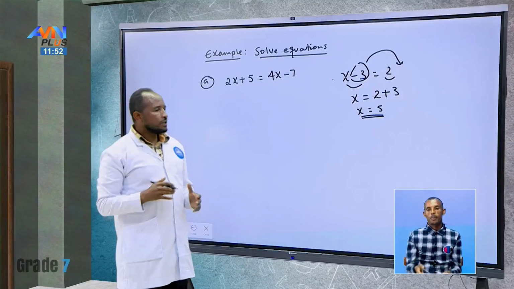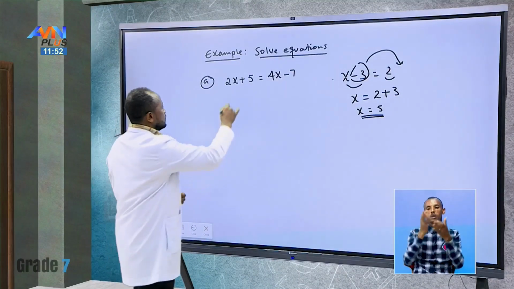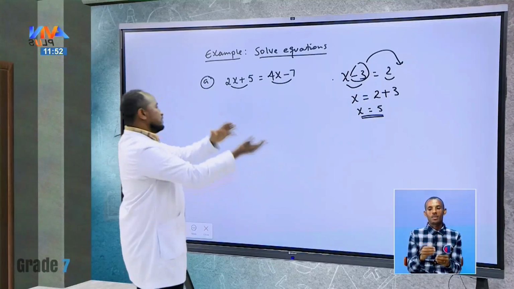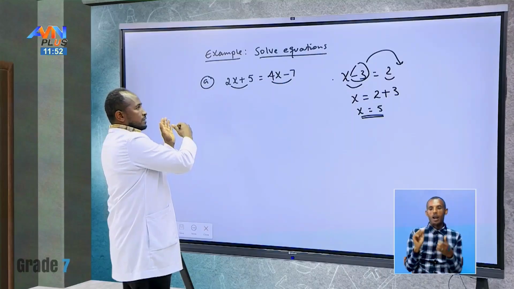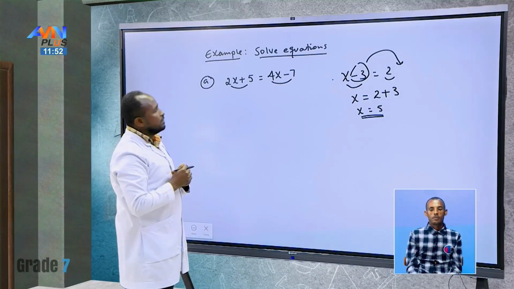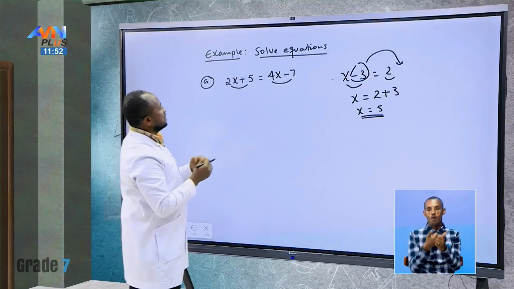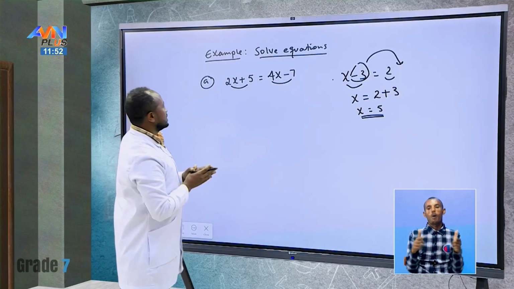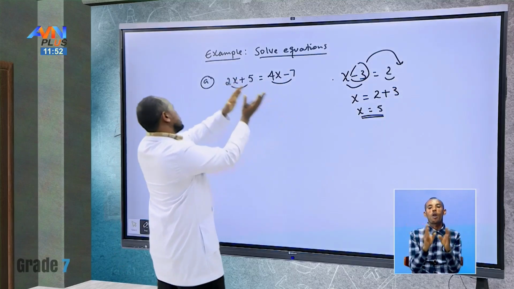To solve such an equation, you collect the variables on the left or to the right, and the numbers on the other side. But to follow uniformly, let's just collect the variables to the left side.